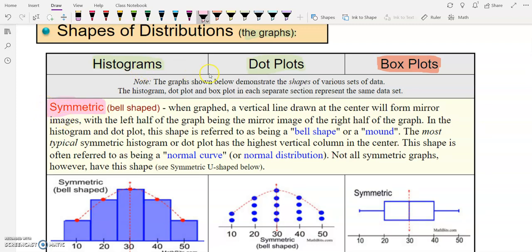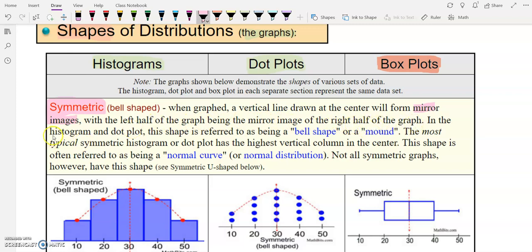So the first type of shape that we're going to talk about is the symmetric shape. When graphed, a vertical line drawn at the center will form mirror images, with the left half of the graph being the mirror image of the right half.